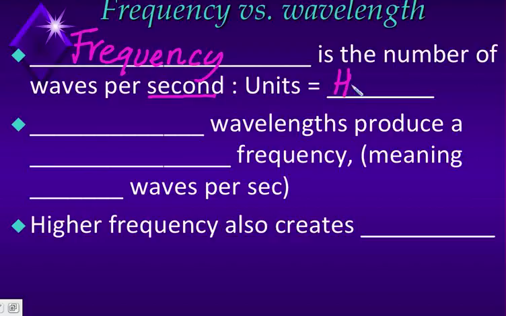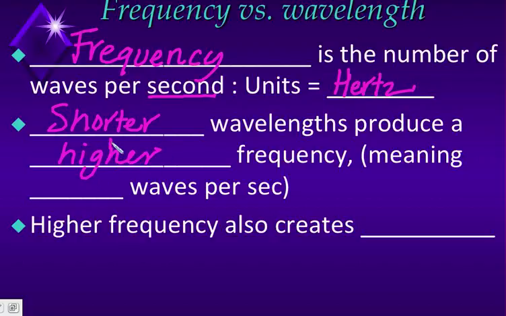And we measure frequency in a unit called hertz. What we notice with frequency then is when I have shorter wavelengths, and there's less space in between the waves, we end up with a higher frequency, meaning more waves per second.